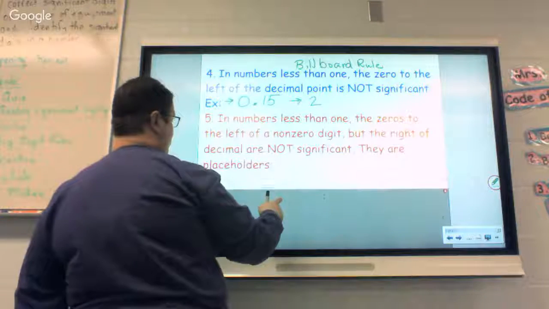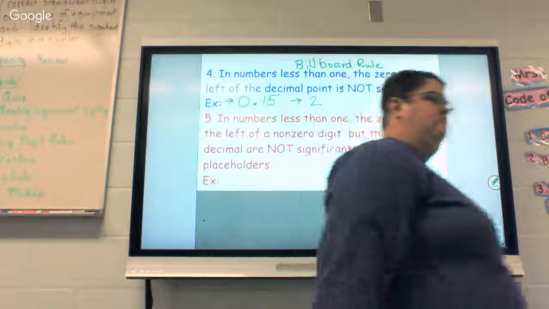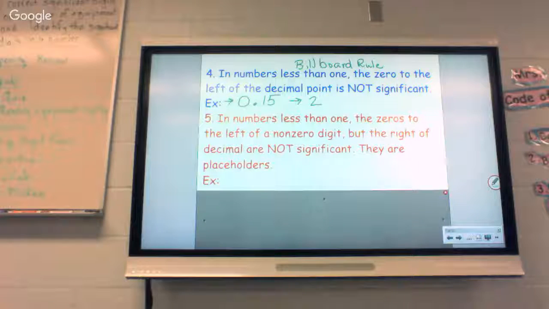All right, now this one is the one you've been hearing about. Best guess is third grade. In numbers less than 1 again, the zeros to the left of the non-zero digits, but the right of a decimal are not significant. They are placeholders. Now, we've been talking about placeholders in math class for years, okay?